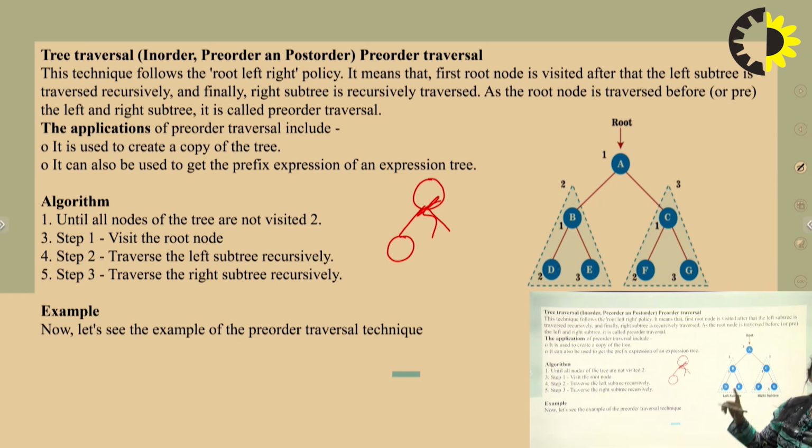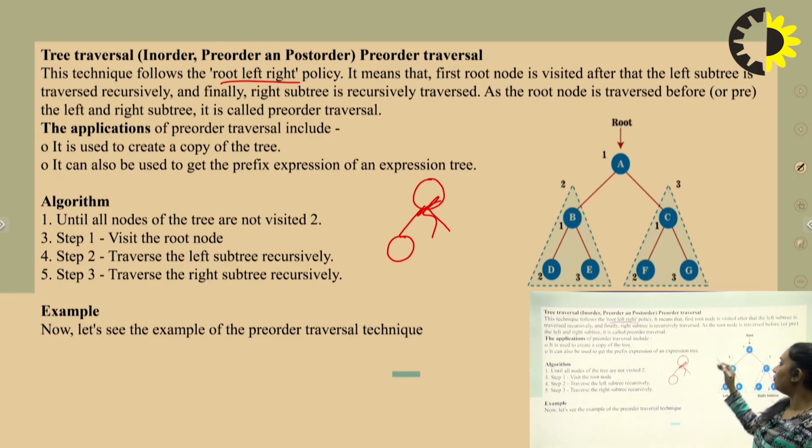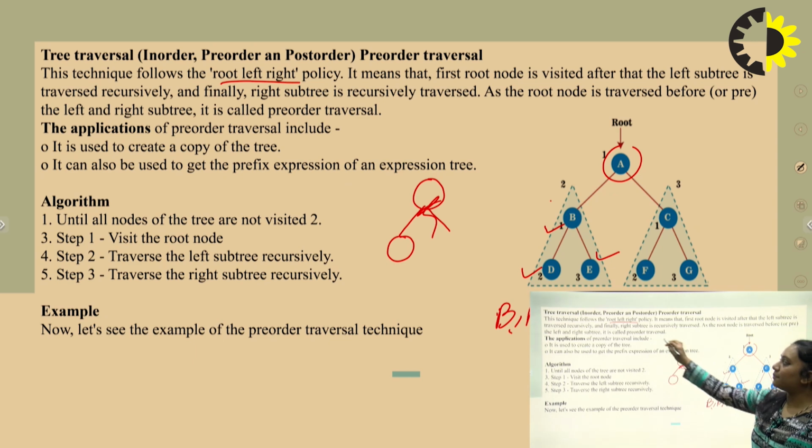If you want to print the elements in traversal order, first you follow the root element, then the left element and then the right element. So first print the root element, then the left element, then the right element. If you have more nodes, it goes downward. First it follows the root element, then it prints B, then D, then E. This is the left subtree as per the policy.